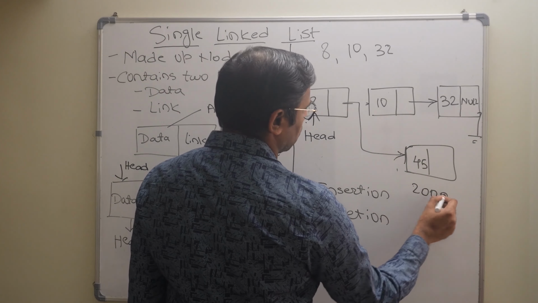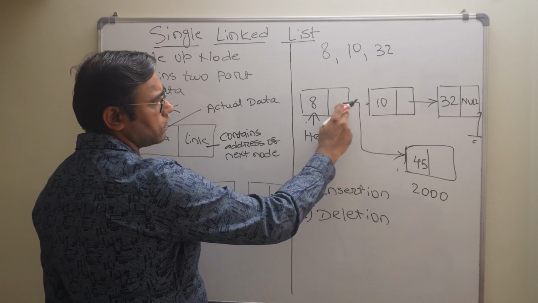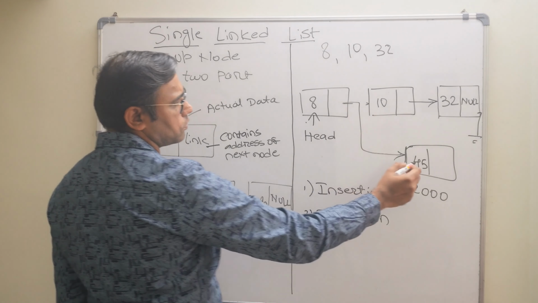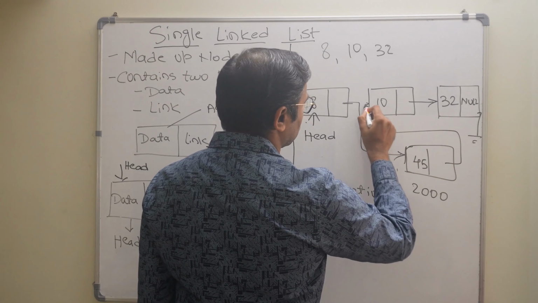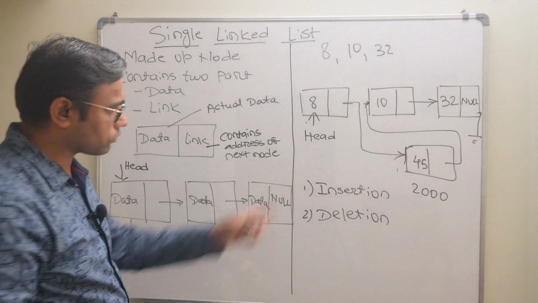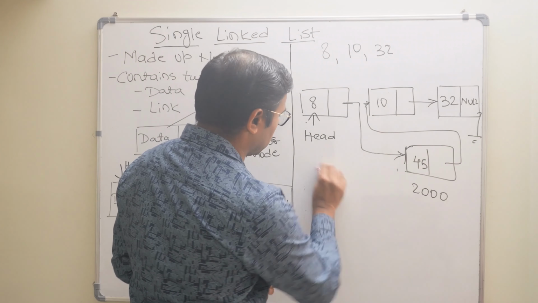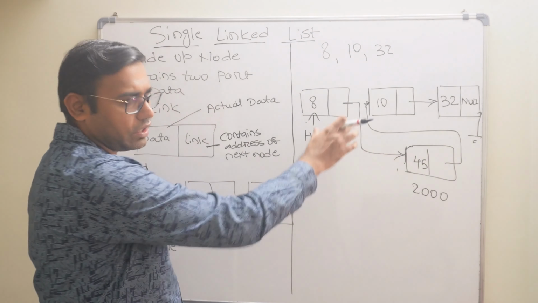Instead of pointing to 10, the link part has to point to 45 now, and the link part of this node will point to the 10 node. So this is how we can insert the element, inserting in between.